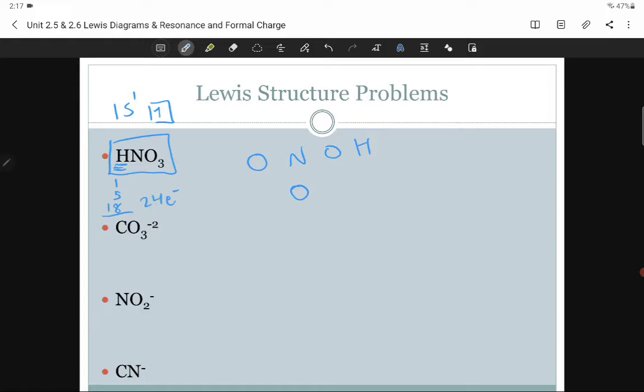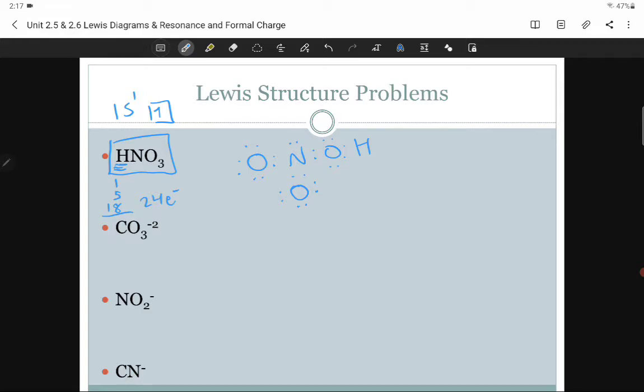So I think I had mentioned to you that the first thing I would try to do is go single bonds everywhere and everything having 8 around it. Well, except hydrogen only needs to have 2 around it. Whoops, that's not a very good last dot there.